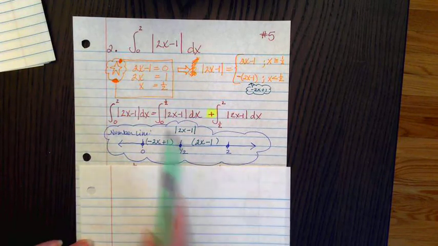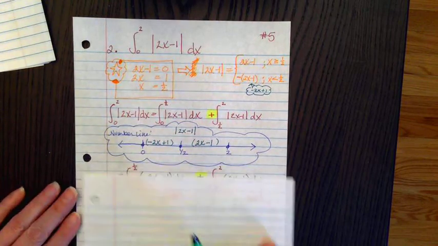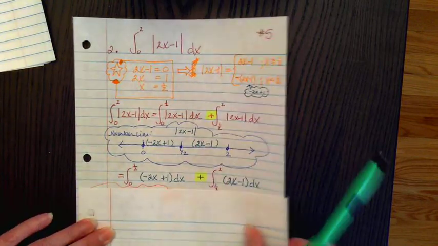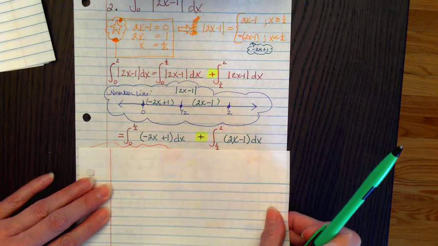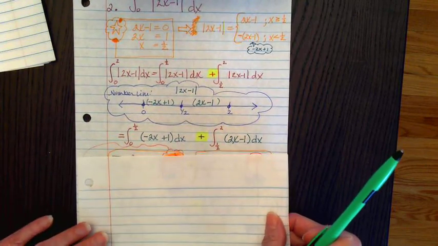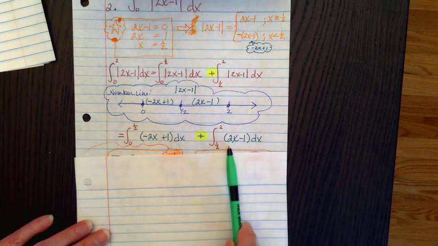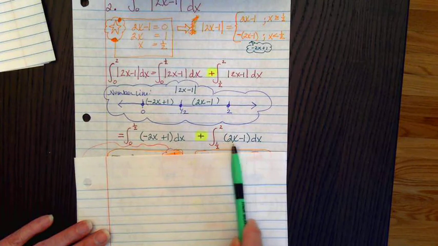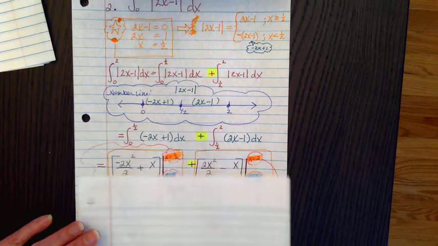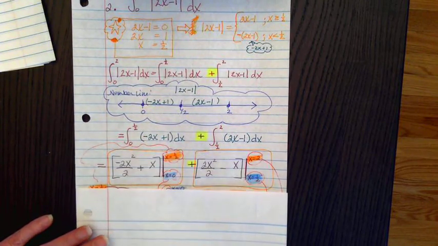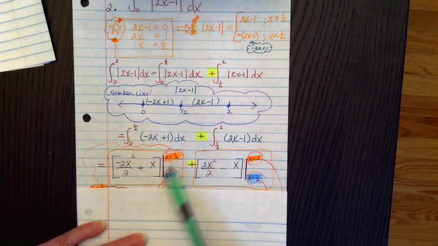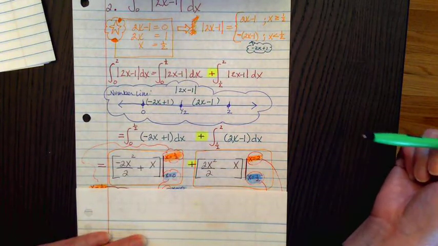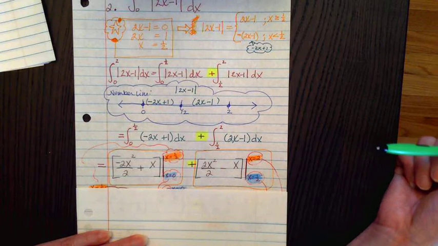Now when x is going from 0 to 1/2, the absolute value of 2x minus 1 is the opposite, negative 2x plus 1. And when I integrate from 1/2 to 2, the absolute value is 2x minus 1. From there, it's just like the other problems we did; it becomes a two-part problem.